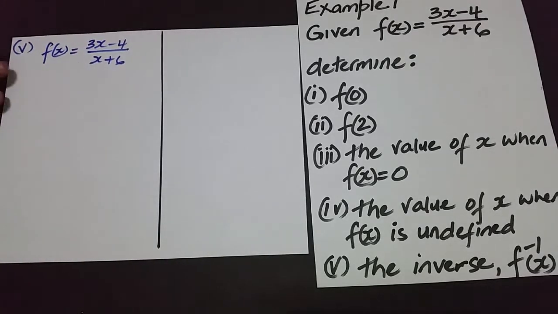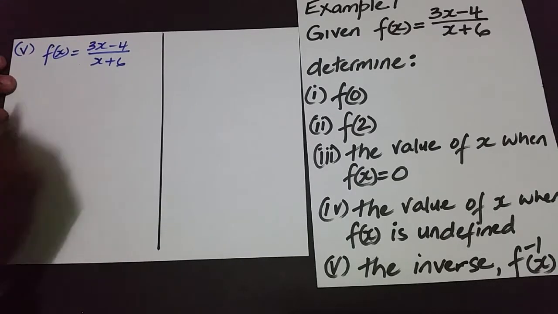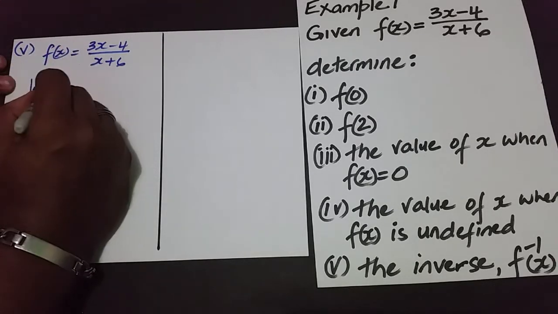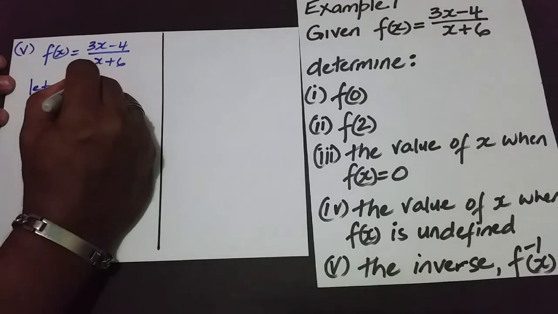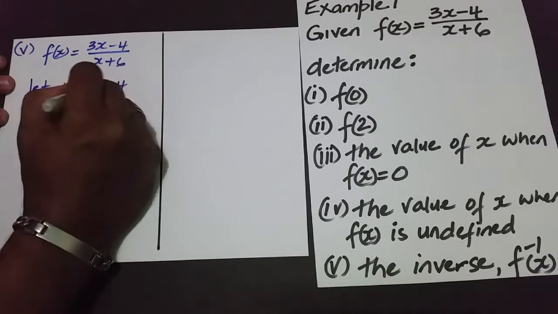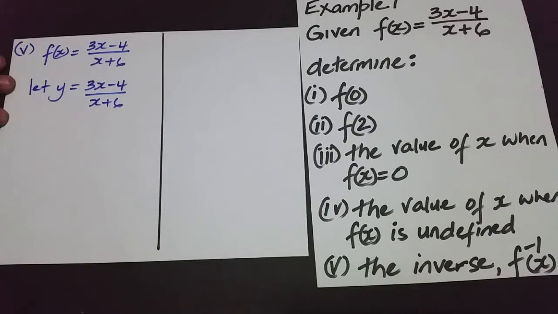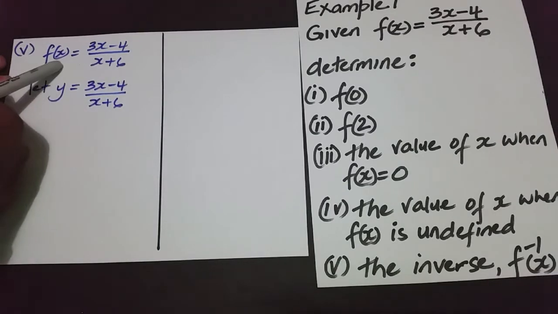That's the original function. So again, if you recall from last week's session, our first step is to let y equal (3x - 4)/(x + 6). Now remember, we're attempting to find the inverse of this function.